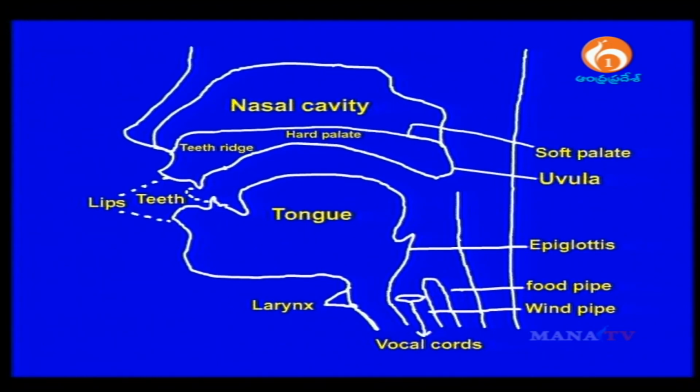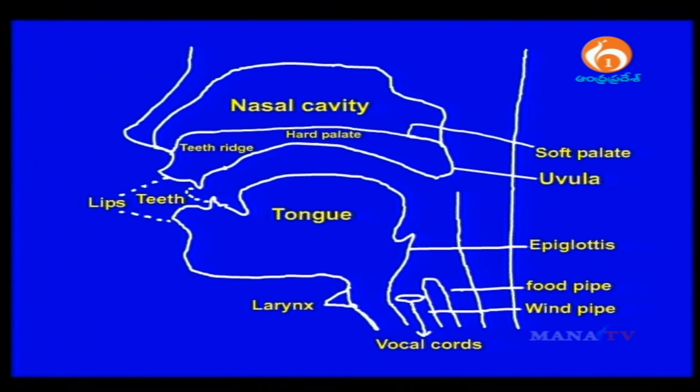Similarly, if you move to the lower jaw, you have the lips again, and then the teeth, followed by the tongue. If you divide the tongue into different parts, you'd find right here the blade of the tongue, which comprises the tip as well. Then you move on to the front of the tongue, followed by the back of the tongue.